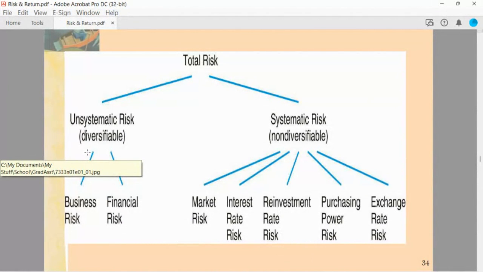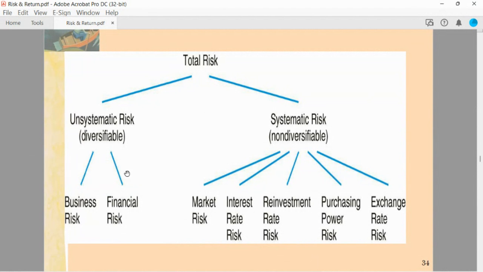That means if you construct a diversified portfolio, that means at least 20 stocks from 20 different industries, not 20 stocks from the same industry, but 20 stocks from different industries. That's why it's called a diversified portfolio.